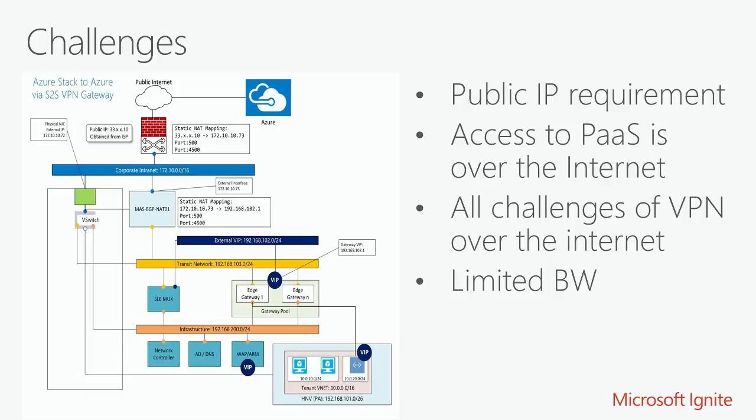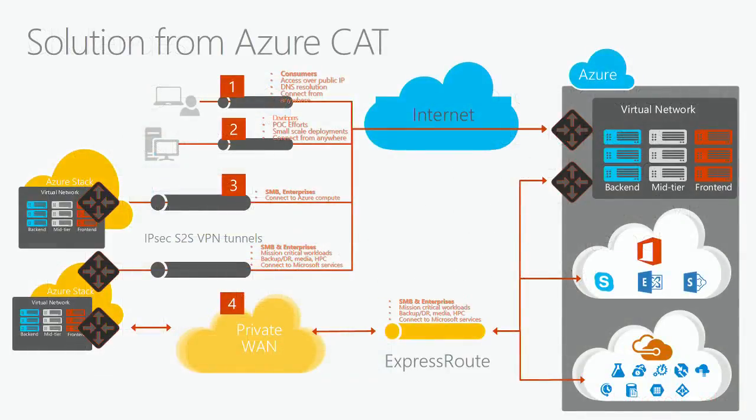And because we talked about the bandwidth of 300 Mbps, and 300 Mbps may not be enough for some people to have this tunnel with this limited bandwidth. So what did we do to address this?